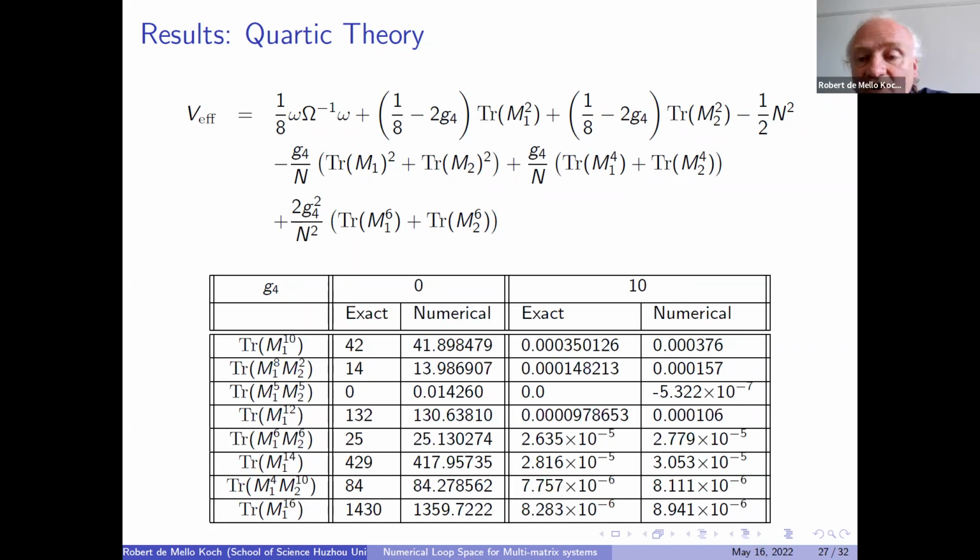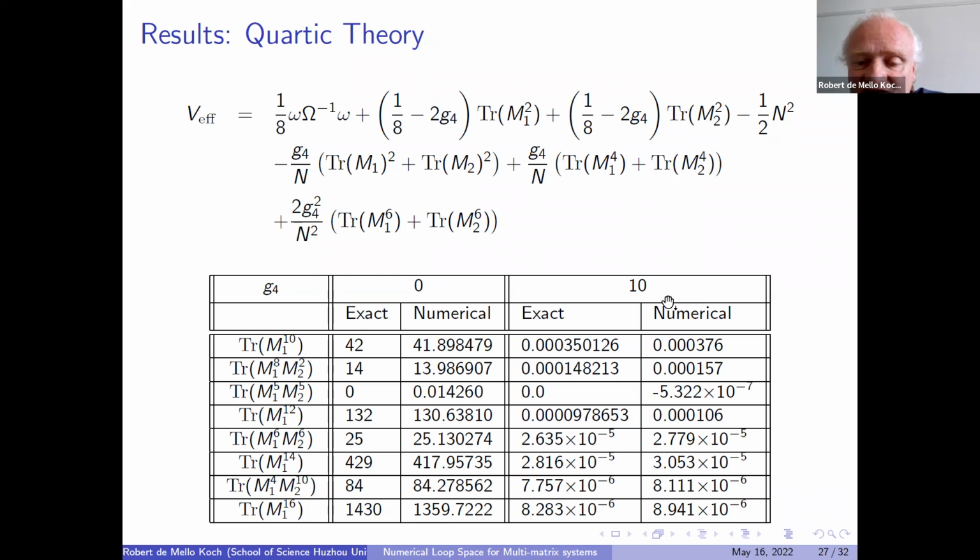So here's a number of larger loops. If we go to trace M1 to the 16, so this is right at where we truncate, then even at 0 coupling, the exact expectation value is 1,430. We're getting 1,359. So we don't get the exact answer, but it's still not too bad.